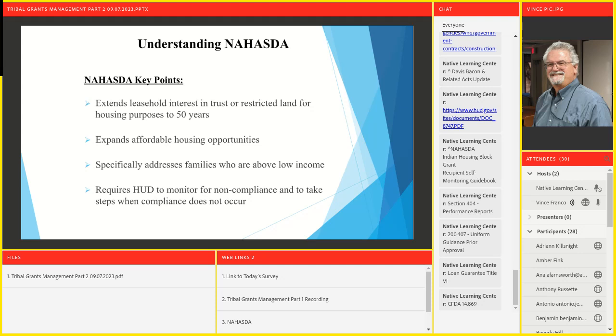So that also falls into that bottom bullet, where HUD really doesn't have the human resource. We used to call it manpower. We don't do that anymore. We call it human resource capacity, to be able to go out in the field and do a lot of program reporting.